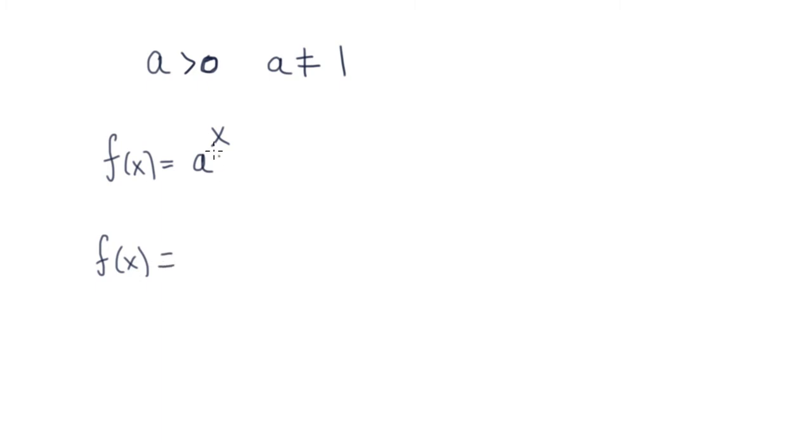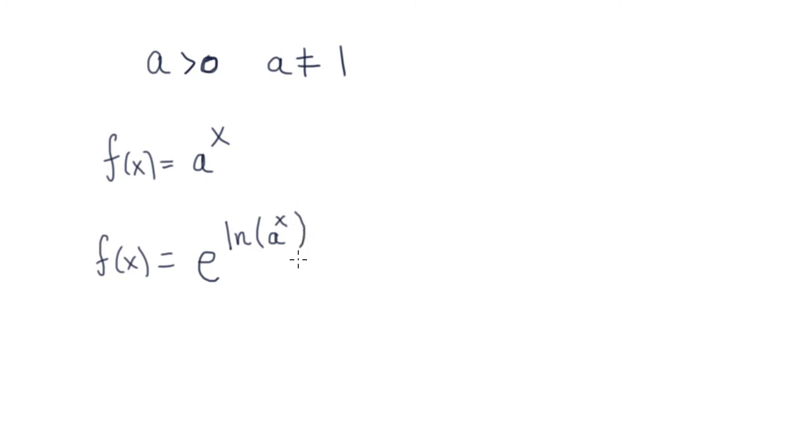We want to rewrite a to the x as something involving e to the x. And how can we do that? Well, we're going to use the properties of exponents. So if I do the following kind of seemingly arbitrary thing, I'm going to write this as e to the natural log of a to the x.